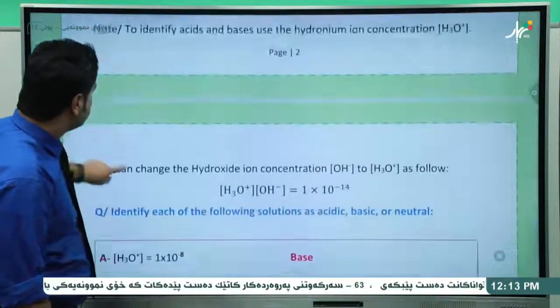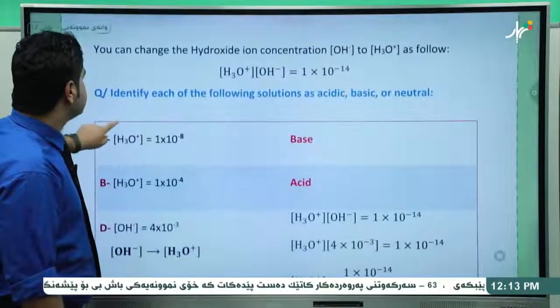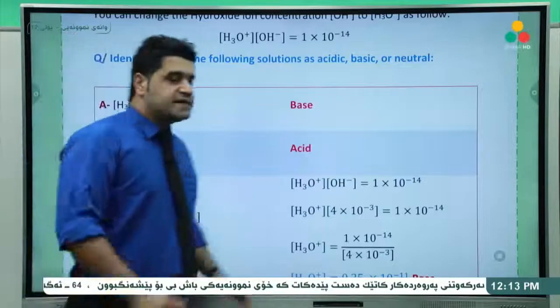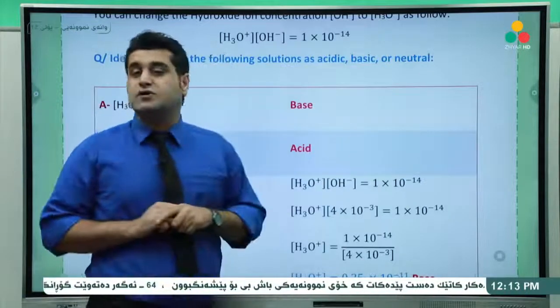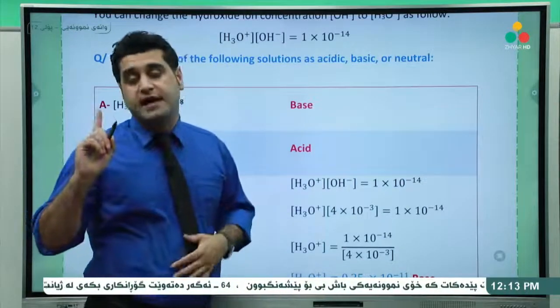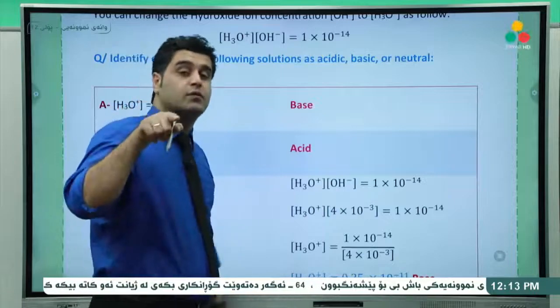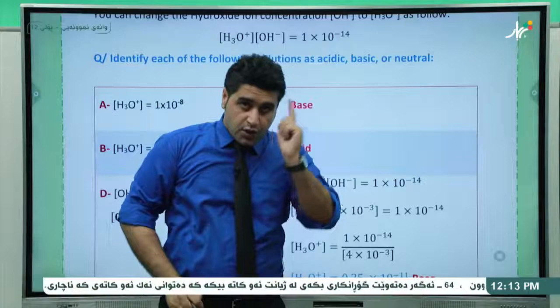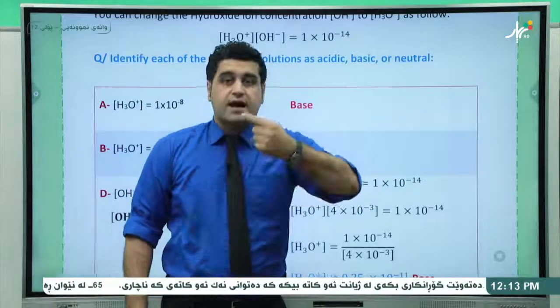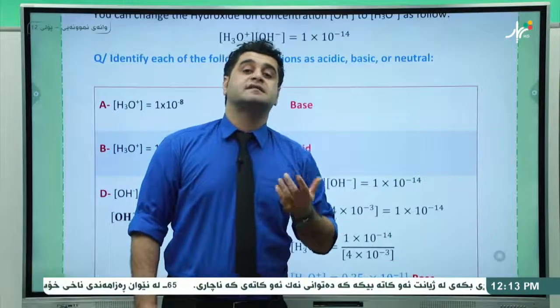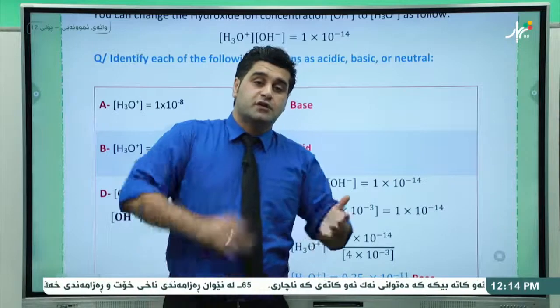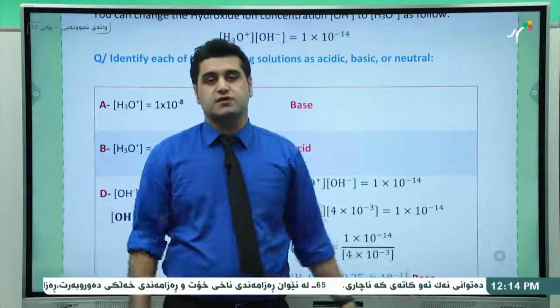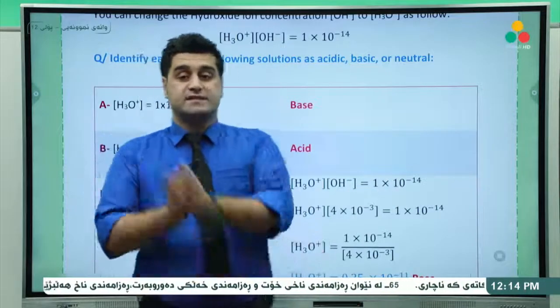Now, we're going to identify the acidity and the basicity of the solutions based on the hydronium ion concentration. I prefer to always use the hydronium ion concentration in order to decide whether the aqueous solution is an acid or a base.